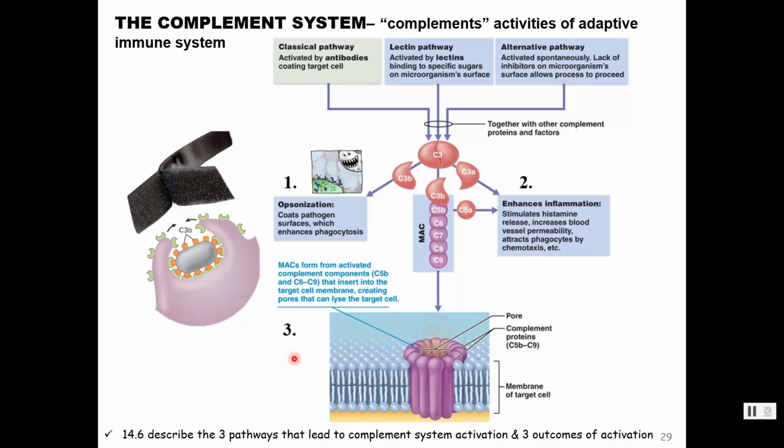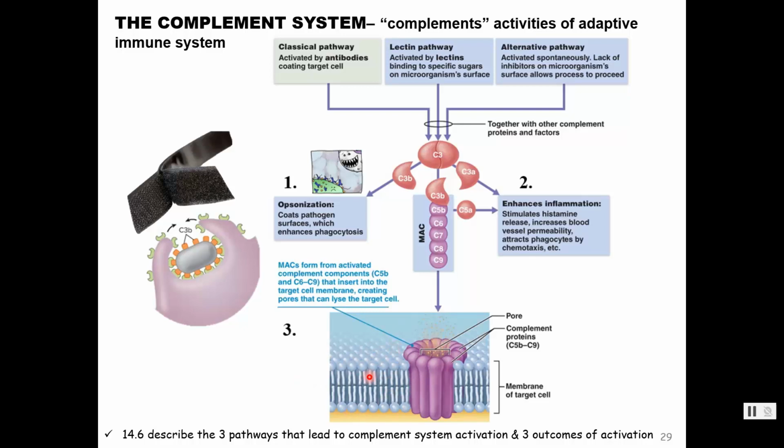The other special thing they can do: C5b through C9, these proteins can form a membrane attack complex, a Big Mac attack. They'll self-assemble and put a hole in the membrane of the target. That interrupts the integrity of the membrane, and so the cell is going to lose fluid.